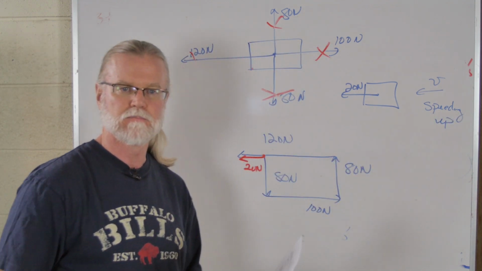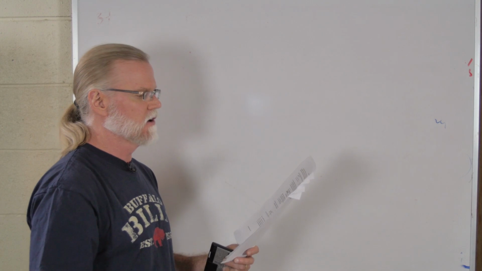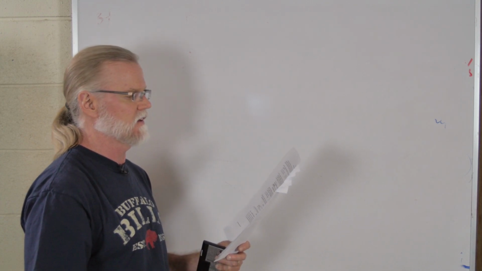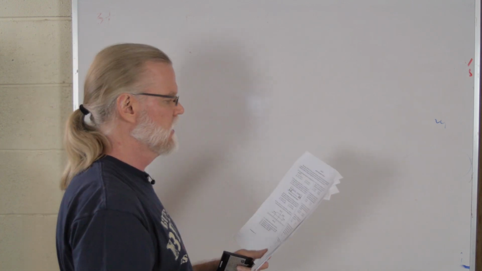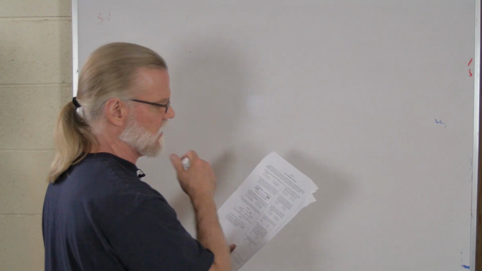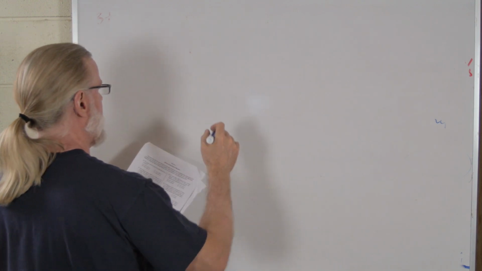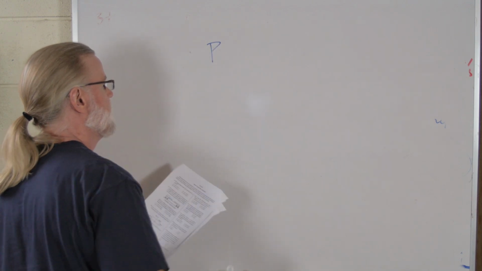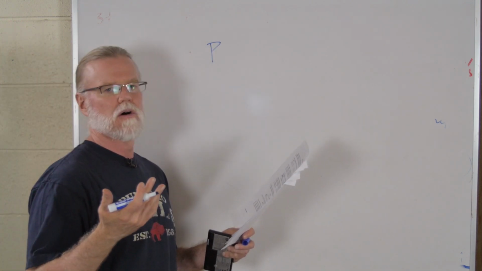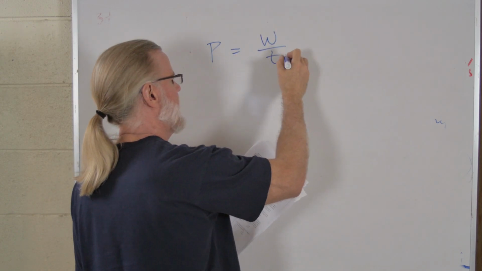All right. Number 39. If a motor lifts a 400 kilogram mass a vertical distance of 10 meters in 8 seconds, the minimum power generated by the motor. All right, so we have to calculate how much power it's going to take to lift something. So power is the rate at which energy is used or supplied. It's energy divided by time.